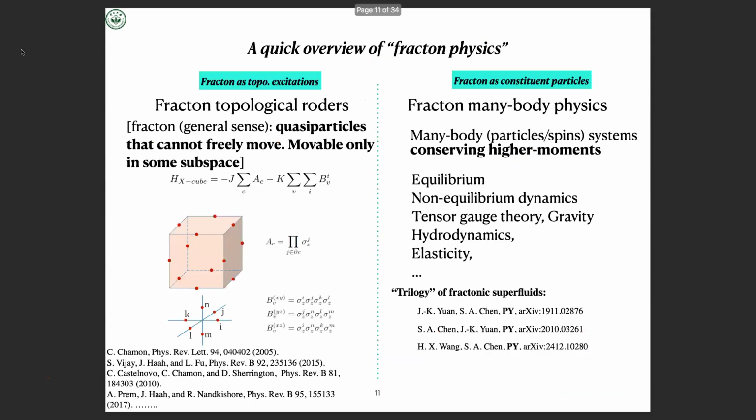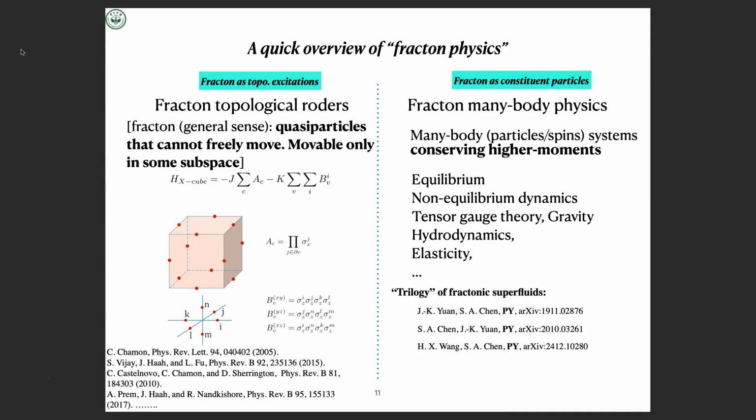Okay, so let me show one slide to give a quick review of the so-called fracton physics. Here are two lines.